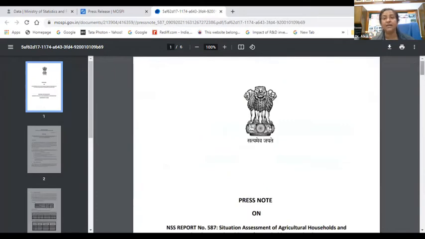Similarly, the All India Debt and Investment Survey data has come, which is a decennial round. So that 2019-20 data is there. It has detailed borrowings, investments, farm investment by different enterprises in different states and regions, and a very impressive sample size in those states.